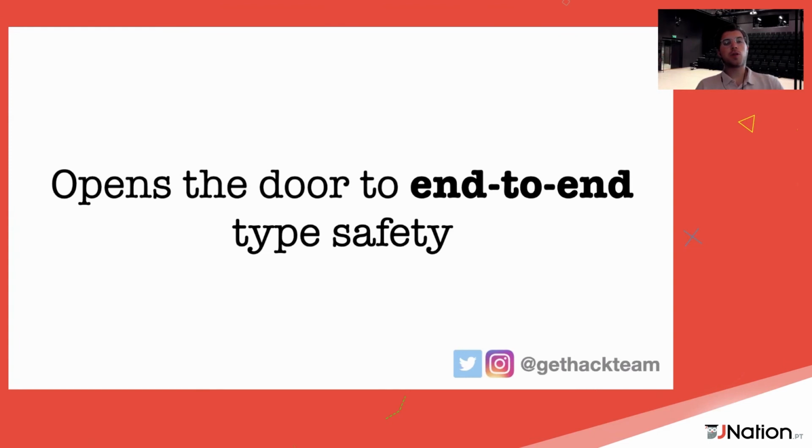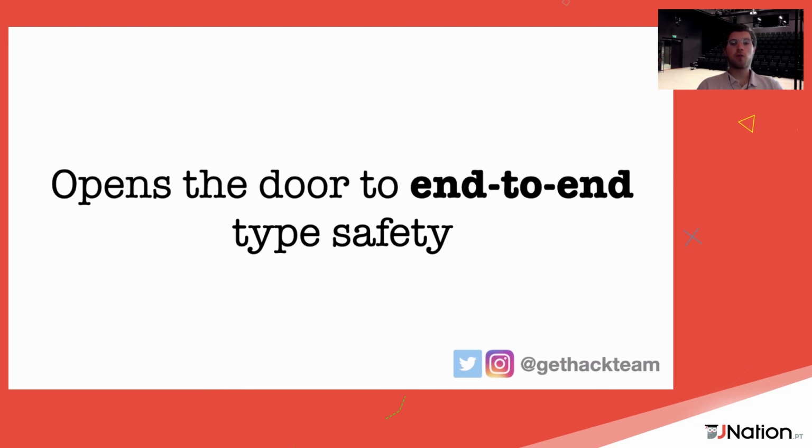So what we just saw opens the door to end-to-end type safety. In your front-end application, you can now reuse all the types that were generated from your GraphQL schema on your GraphQL server. And if you're doing the same thing server-side, so if you're auto-generating GraphQL schemas from maybe your database with something called Prisma, or maybe you're using TypeGraphQL to create type definitions from your schema, those are all things you can do to open the door to end-to-end type safety.